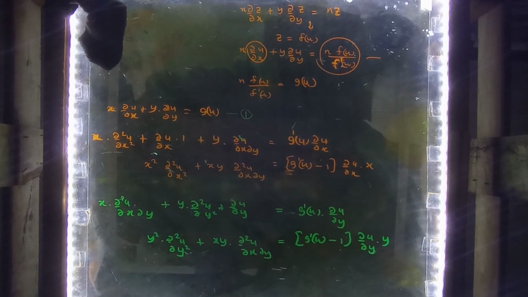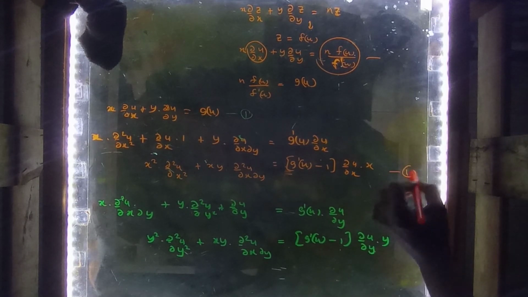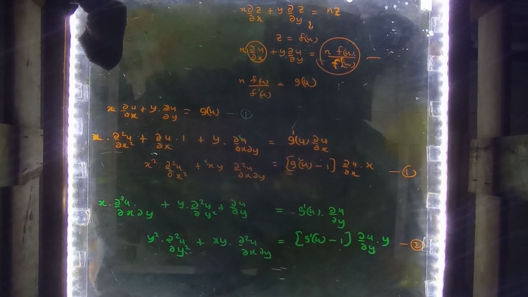That is pretty much easy to recognize if you keep in touch with the expressions I have derived. I'm going to get the summation of these two, 1 plus 2.